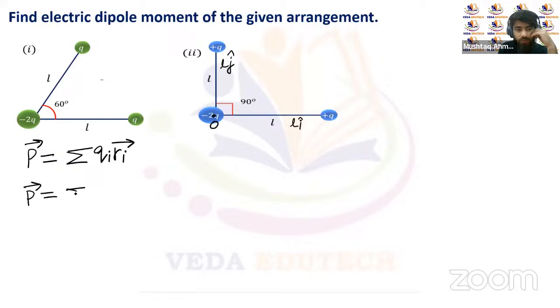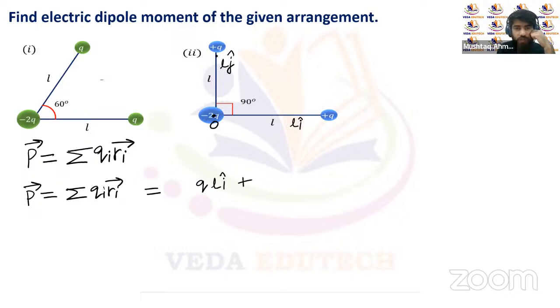That's the summation of qi ri vector, right? I can see the charge which is at the origin, its position vector is a null vector, because it is itself the charge at the origin, right? So because of this, its dipole moment will be equal to 0, right? Now, because of this charge q, the charge is q and the vector is L i vector.